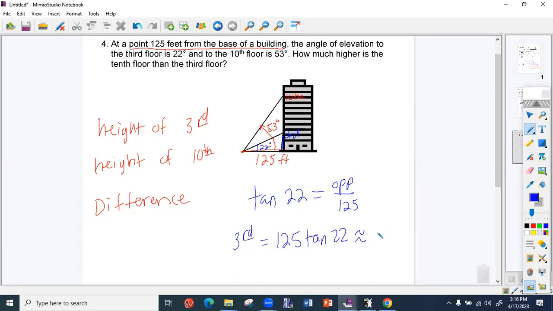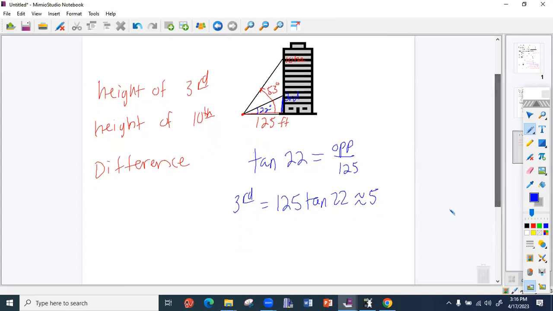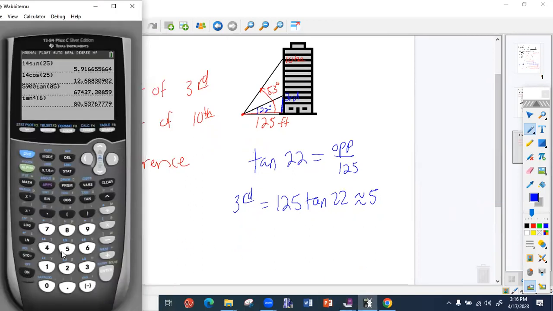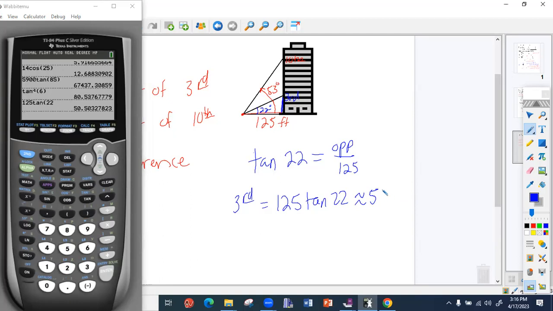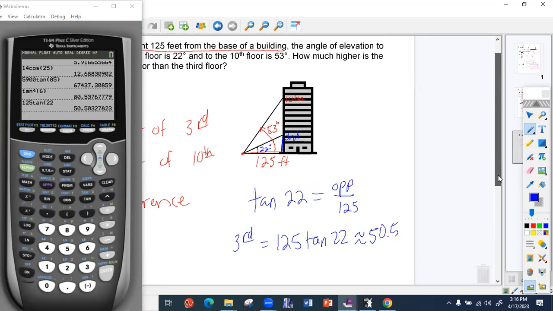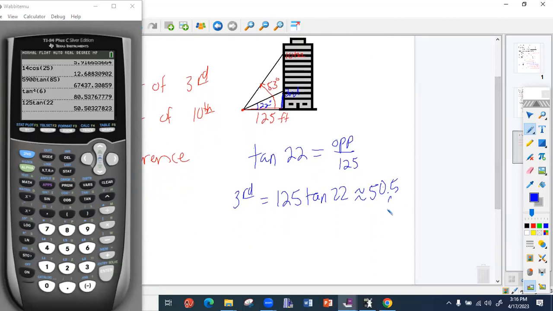What did we get? 50.5. So these are feet.